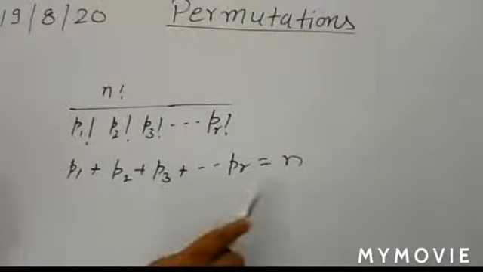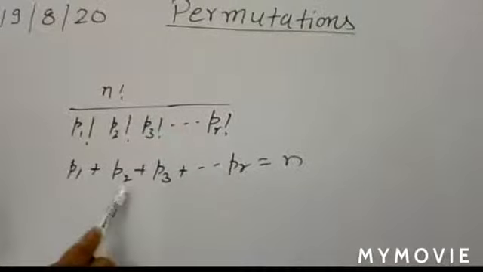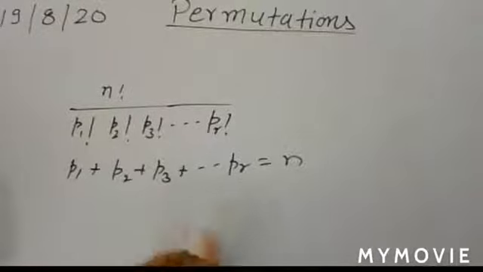Out of these n objects, P1 are of the same type, P2 are of the same type, P3 and PR likewise; the different kinds differ from each other, but within each kind they are all the same. So first you count the total number of objects given, and then you count which objects are repeated and how many times.